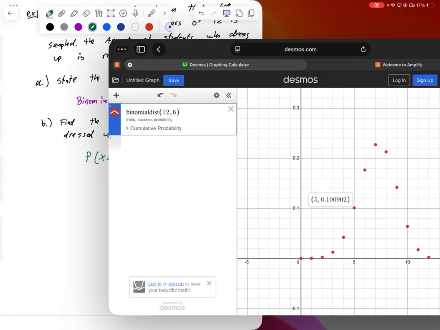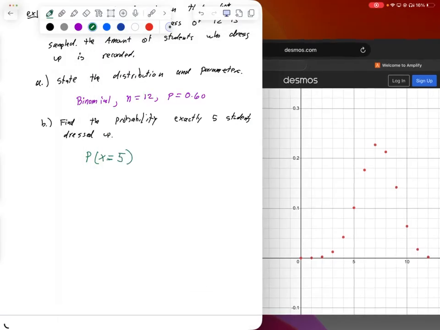So my answer is 0.1009. Try to do it to 4 decimal places just like we did on our do now for practice. If you wrote 0.1, I think we're going to accept it, but look for that exact answer, 0.1009.